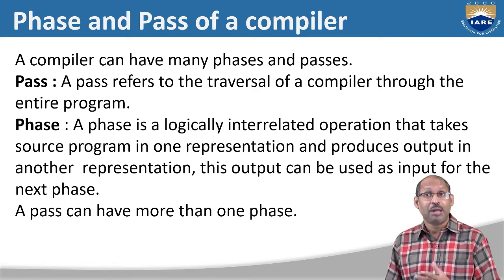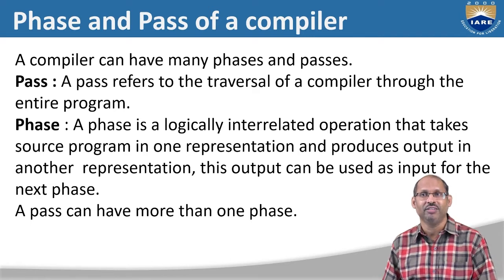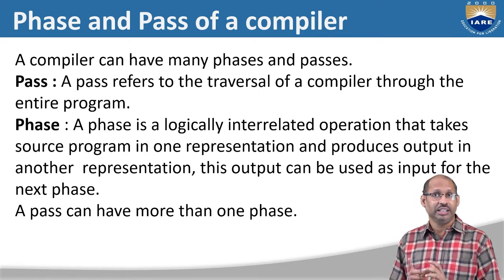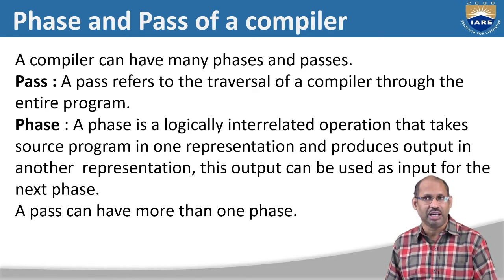Here, in a pass, the compiler will traverse and scan the source program completely one time. The pass may group more than one phase. Is that clear? A phase is a separable task which will convert the source program from one form to another form.